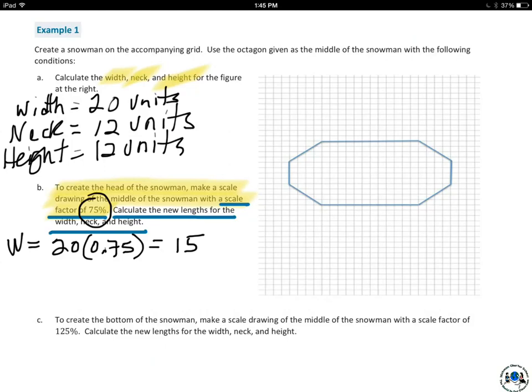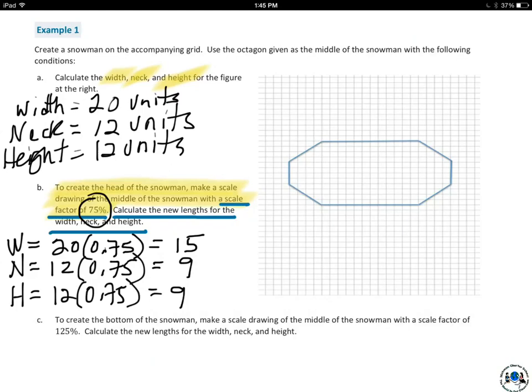So we have one that's going to be 15 units long. Our neck, if we apply that scale factor, is going to be 12 times 0.75, and that's going to be 9 units long for the neck. And then the height is going to be 12 times 0.75 as well, and that will be 9.